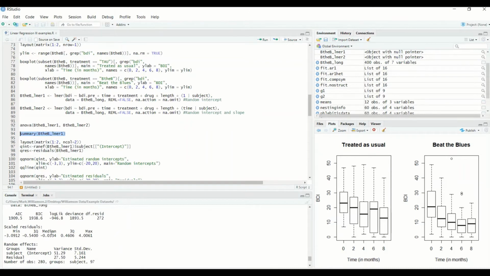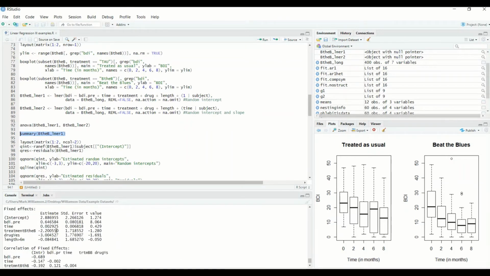Okay, a lot going on here, but looking at the fixed effects, it looks like time was significant, which means things change over time. I think the big thing here is this treatment. Or sorry, that's the standard error.